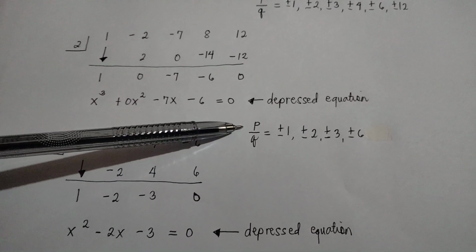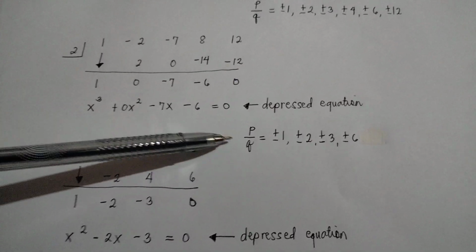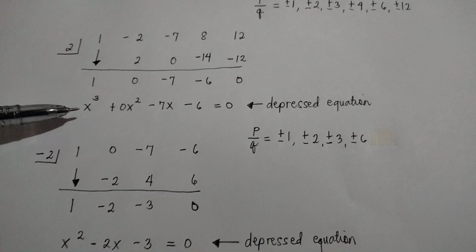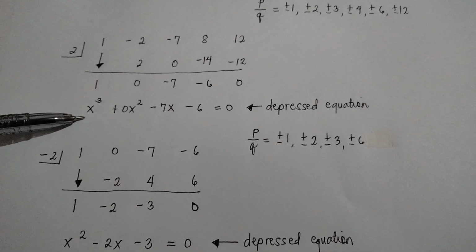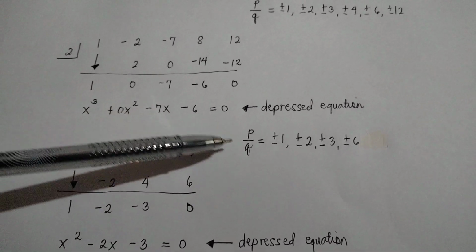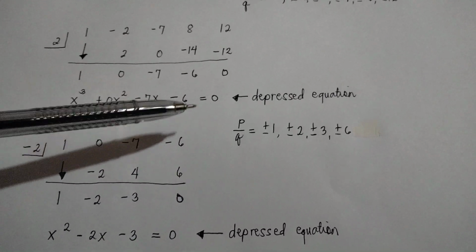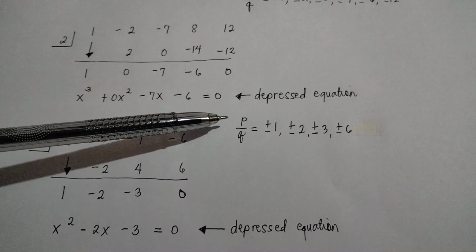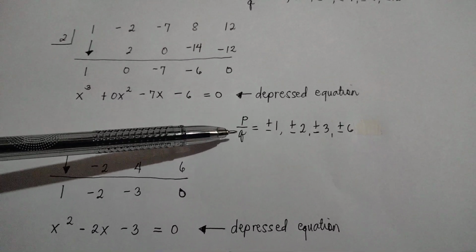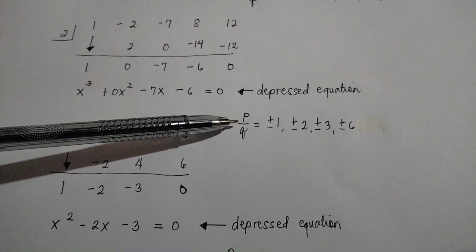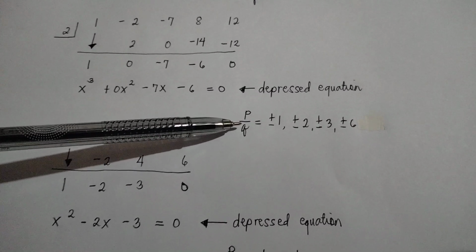So p are all the factors of negative 6, and q are all the factors of the leading coefficient, which is 1. Since that is 1, p over q are all the factors of negative 6. Therefore, the possible rational roots now are positive negative 1, positive negative 2, positive negative 3, positive negative 6.